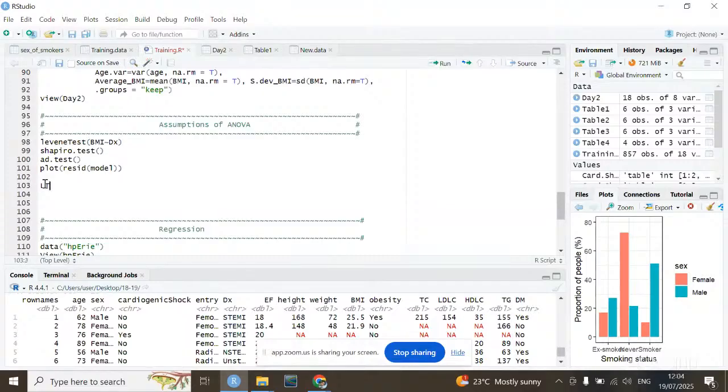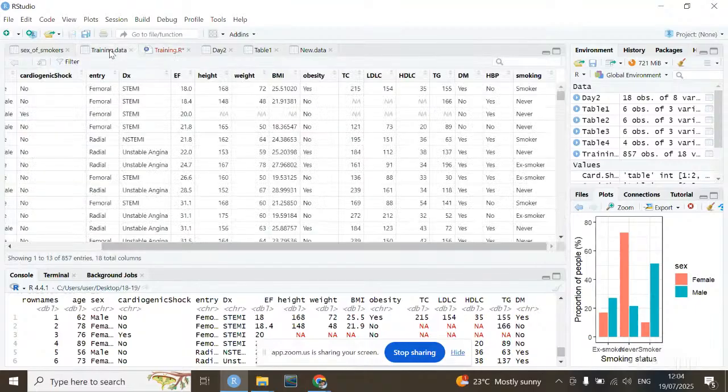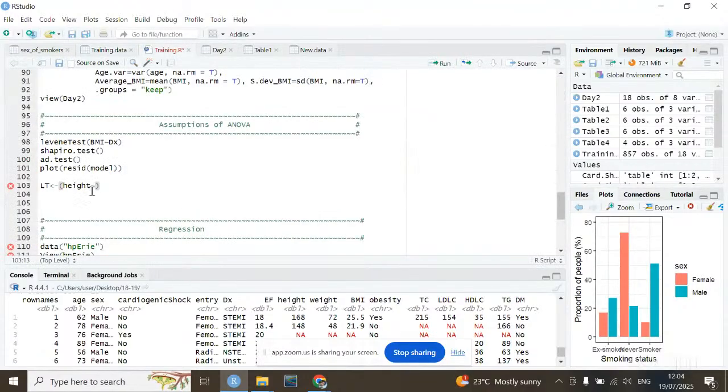Let me use LT for Levene's test. Then height tilde, and we can use either diagnosis, obesity status, or smoking. So let me use smoking.